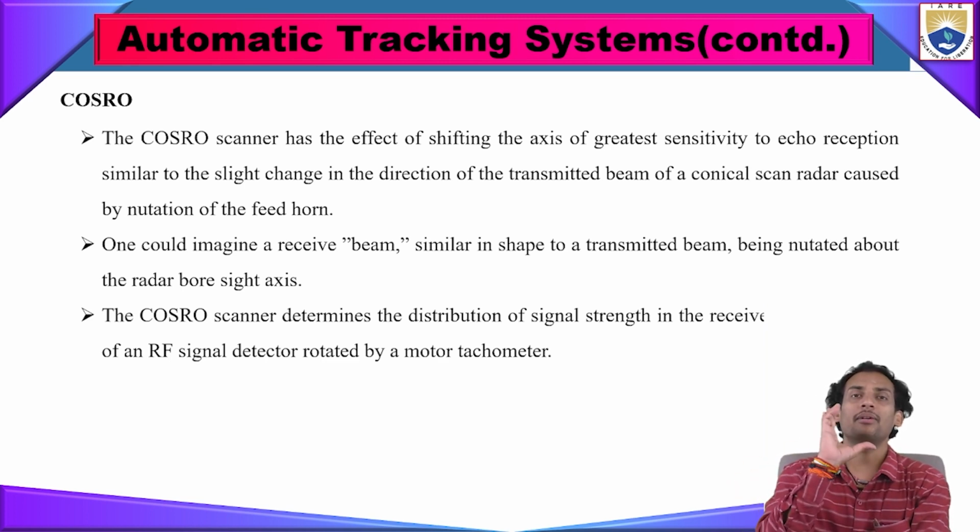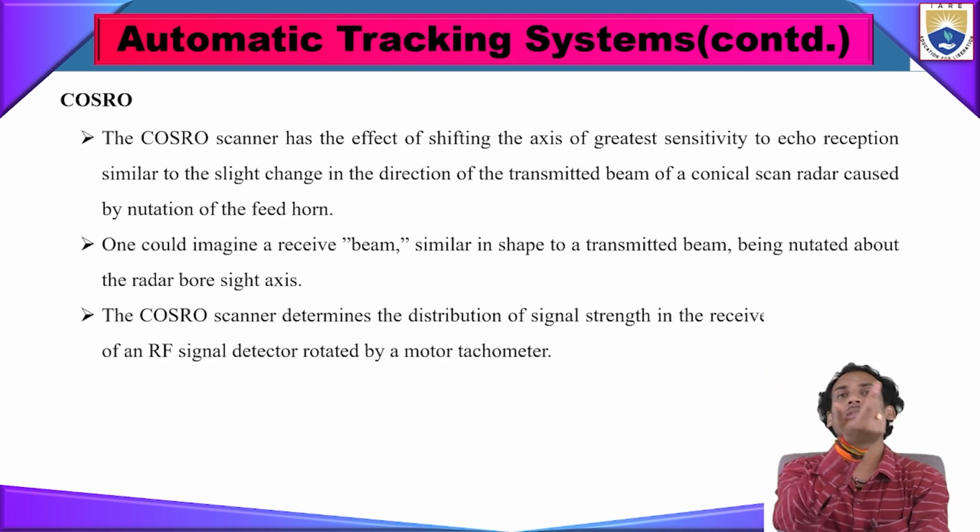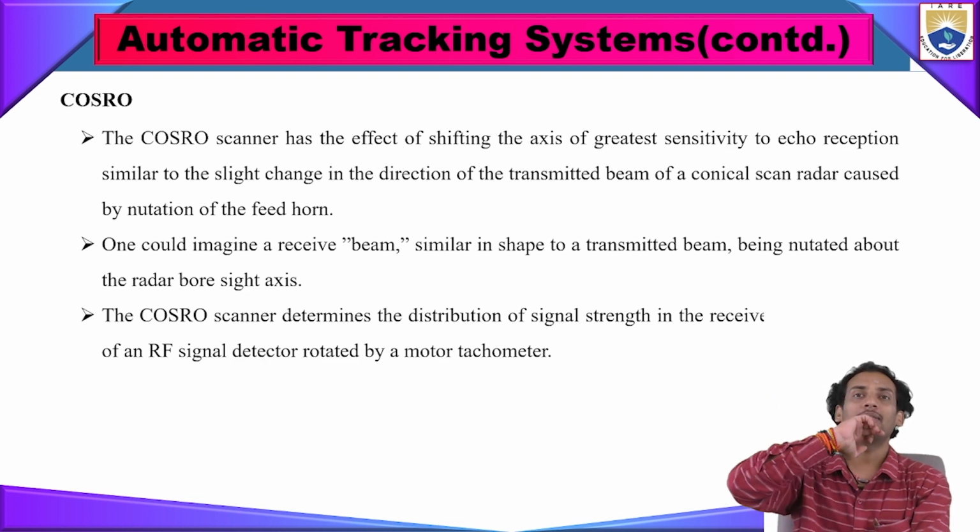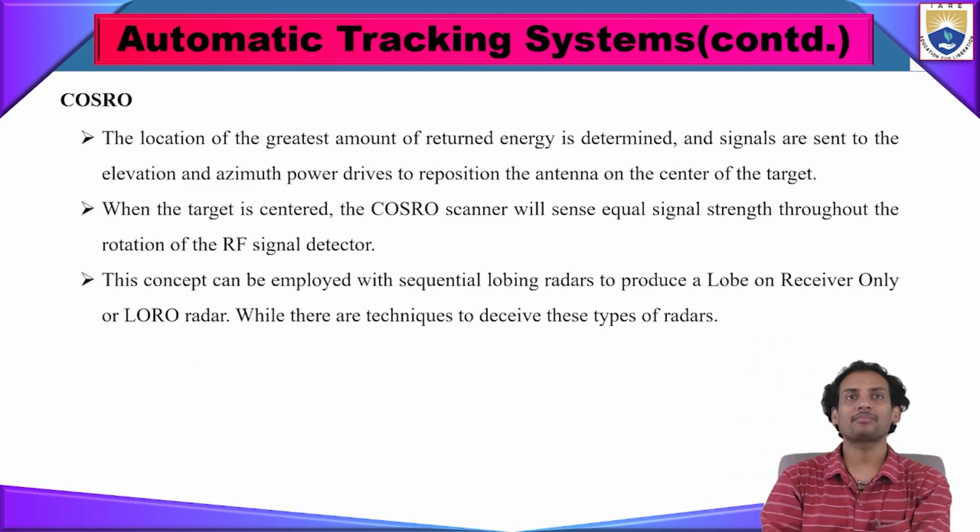If the RF signal rotates, it has to rotate around that axis. So the rotation will also be detected and adjusted in such a way that it achieves the target easily.